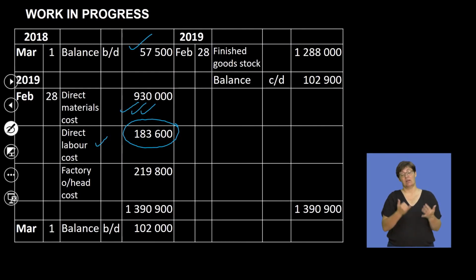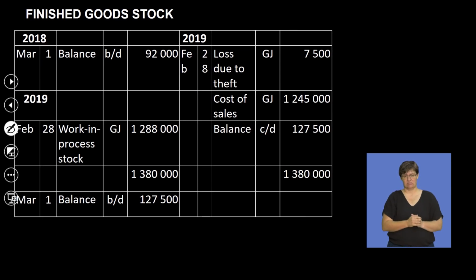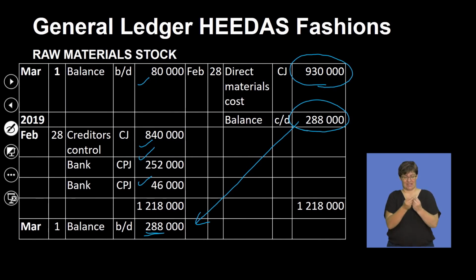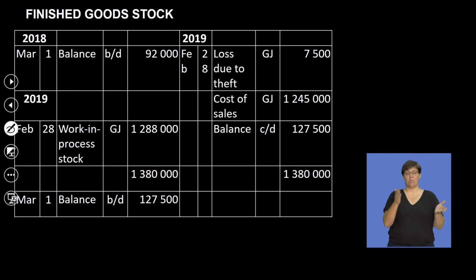Now, we've got our direct materials, we've got our direct labor. We now have the third component, which is our factory overheads. Before we go into factory overheads, we're just going to explain very quickly the finished goods, in terms of the opening balances that we have.